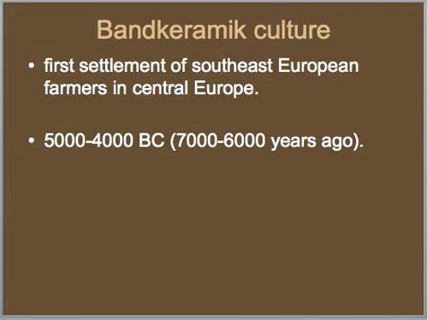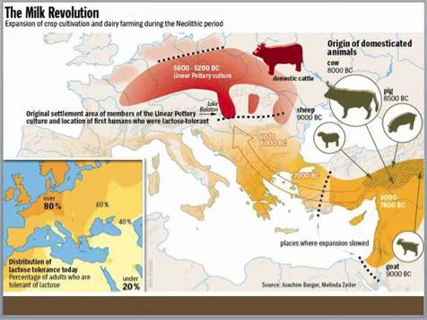Then the migration of those farmers was instrumental in moving agriculture northwards into Central and then Northern Europe. The other element shows that independent invention, or some local development, was important in this process.